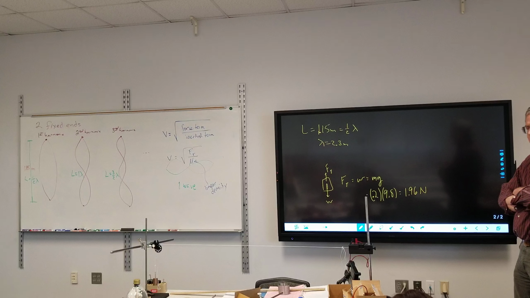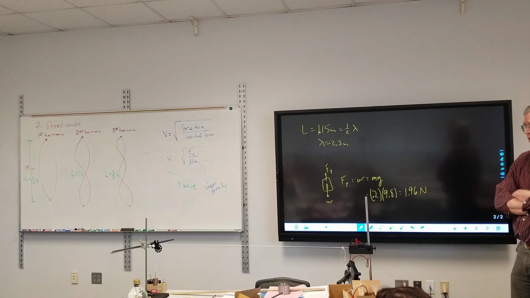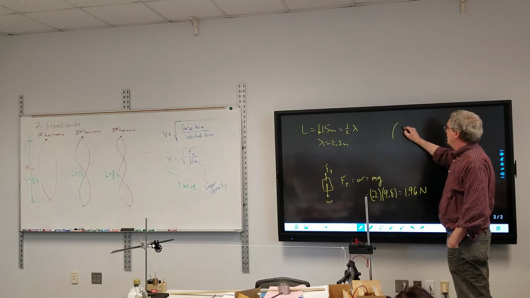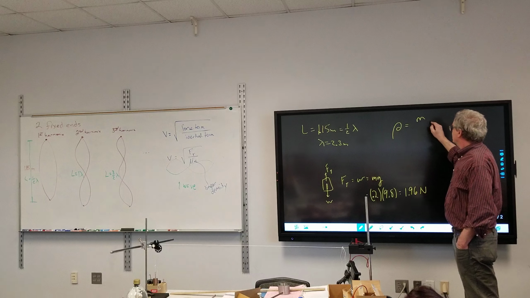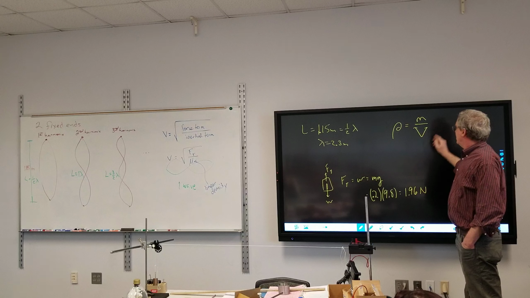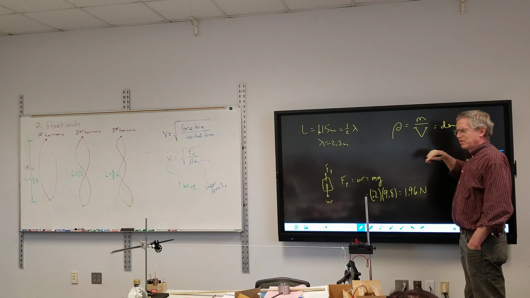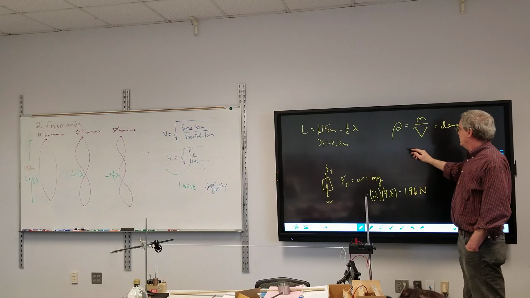But what about the linear density? What is the linear density of the string? Well, first off, what's linear density? We'll take it back one step further. What's density? Mass divided by volume. Yes. So this is density, or if you need to stick something in front of it, volumetric density, general just density.